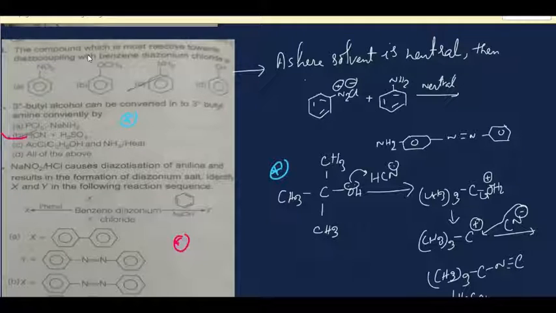As the medium is not told, it is a neutral medium, so you can say that in neutral medium this reaction is applicable, that benzene diazonium chloride reacts with aniline in neutral medium giving this compound. The diazo compound is formed. So this one will be the correct answer. But this one is acidic medium and this one is basic medium. If in basic medium, then OH will be formed, right?